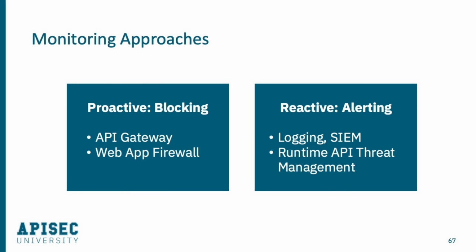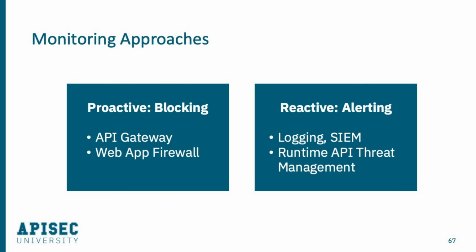The other side is more of a reactive, alerting mode for monitoring. Here you want to probably capture all the traffic, log it, put it into a SIEM or a log management type of solution, or a runtime API threat management tool. The idea here is, you may not have enough context in order to make judgments about whether the traffic is legitimate or not.